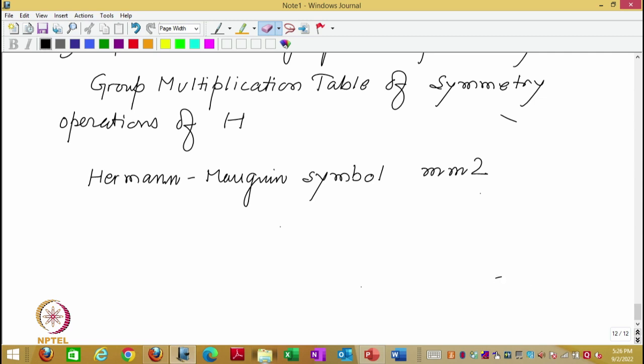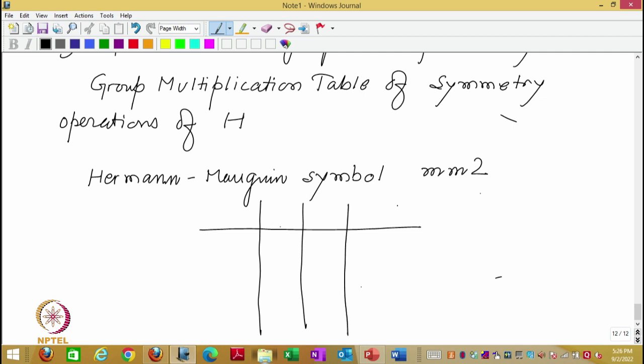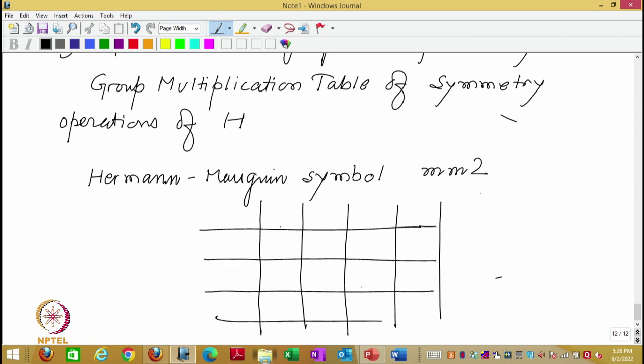So, let us create a group multiplication table for this. So, what we mean by group multiplication table? We just have to write all the elements both horizontally and vertically.